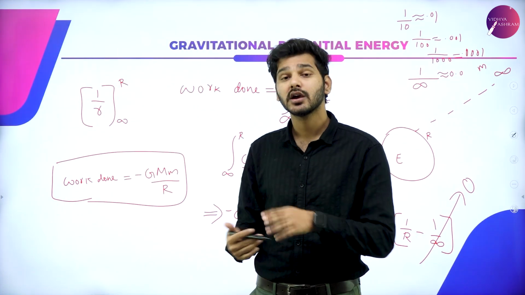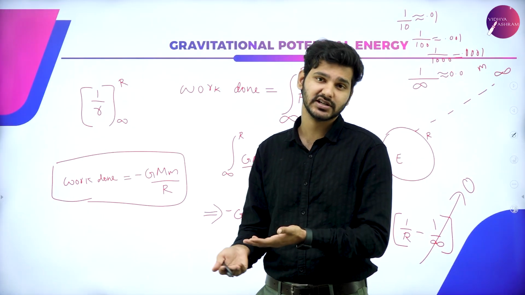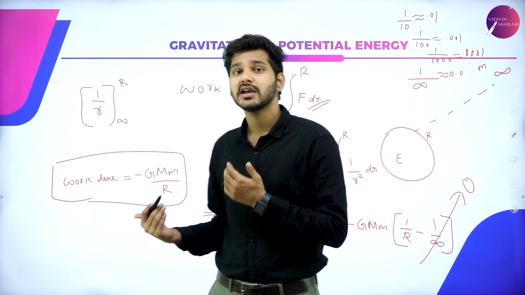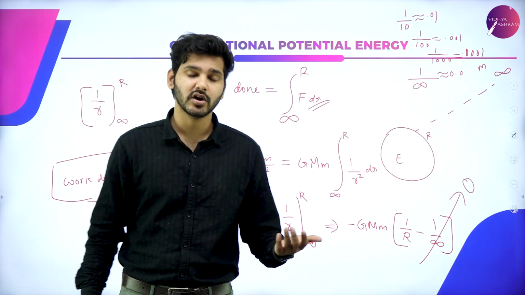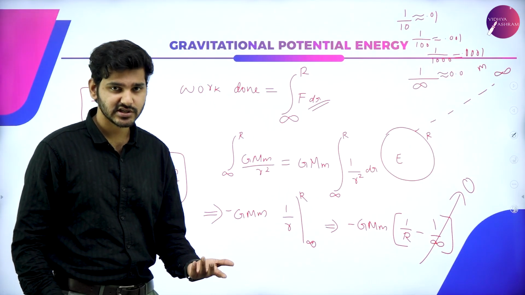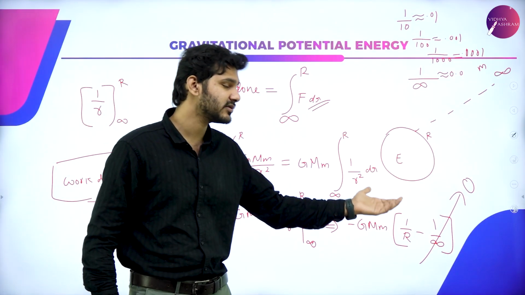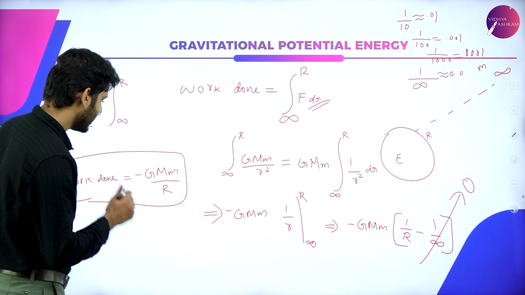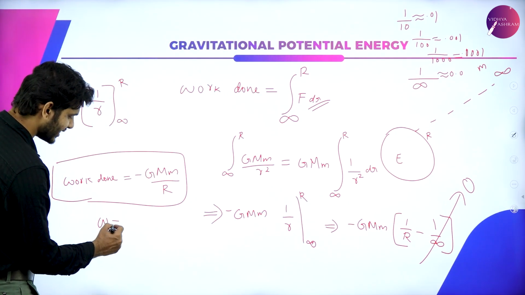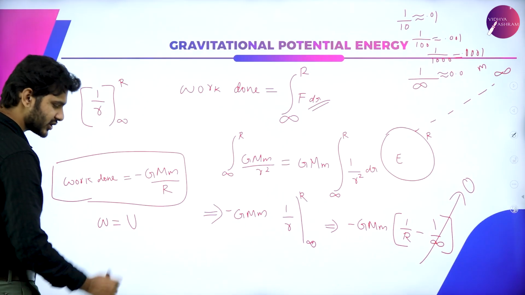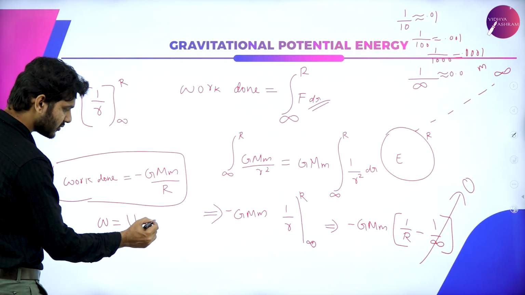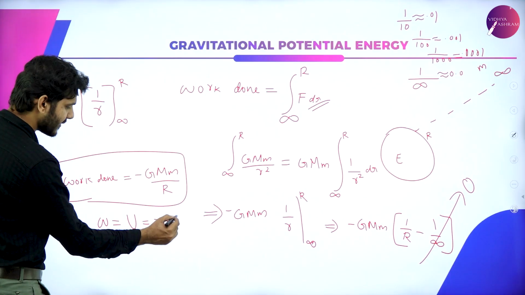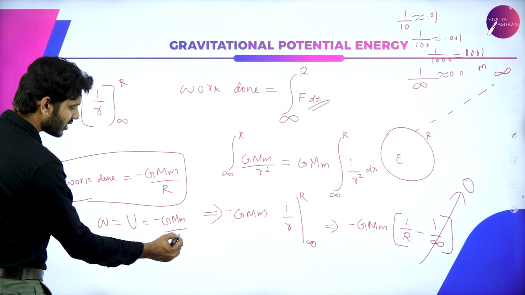Again, I told you, work done is stored as potential energy. In this particular case, it is against gravitational force, so we call it gravitational potential energy. So if you are asked to find out what is gravitational potential energy of Earth, you can do this particular derivation and say that this work done is actually equal to gravitational potential energy U, that is equal to negative GMm divided by r.